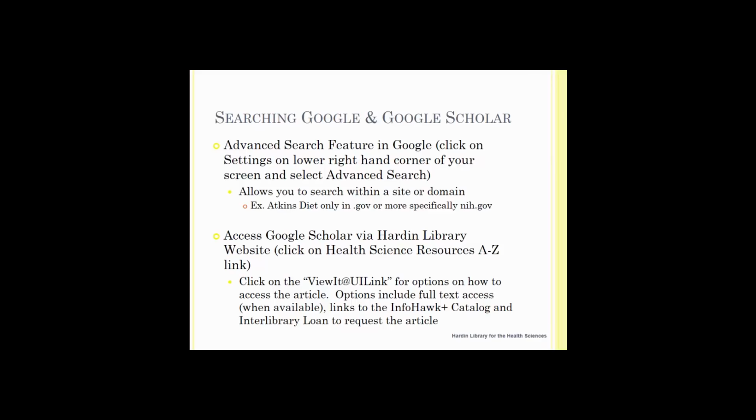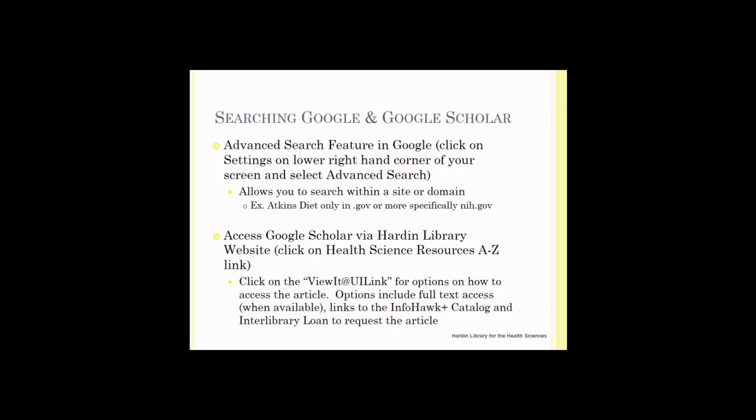And what I like about Google Scholar is it only searches for scholarly journals and their articles. And so if you access Google Scholar from the Hardin Library website, you'll notice there's not a link or an icon like you'll find in our databases like PubMed, but it's usually to the right of the citation.